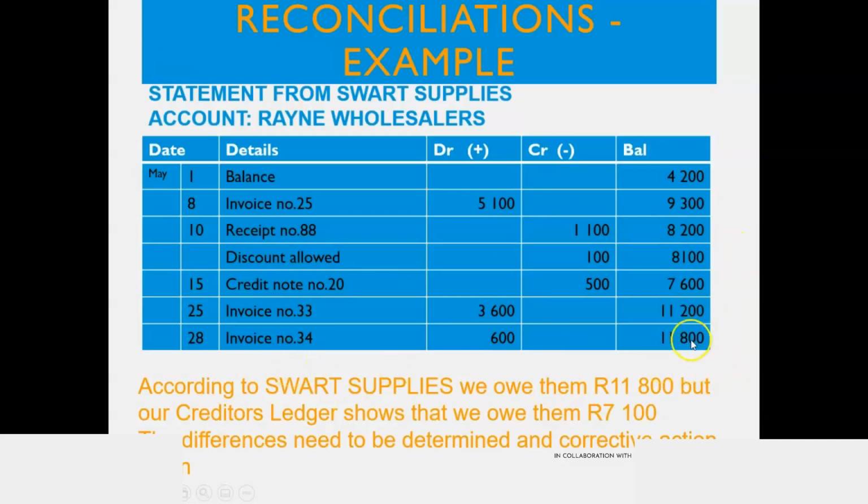We have to reach the same balance on the creditor's ledger and on the statement. If it doesn't balance, then we have to do our reconciliation to correct the differences. If you master this, you will enjoy it so much. This is where you bank your marks, because the more you do it, the easier you'll see it is.